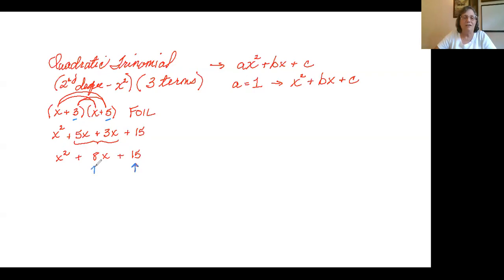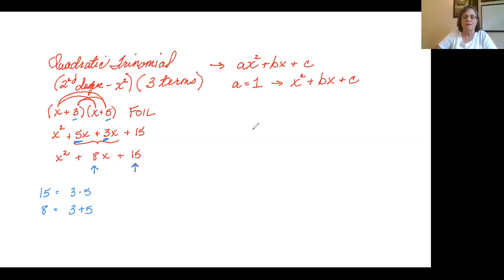The 8 comes from adding the positive 5 and the positive 3, because those will automatically become coefficients of the middle terms. So the 15 is 3 times 5, and the 8 is 3 plus 5.